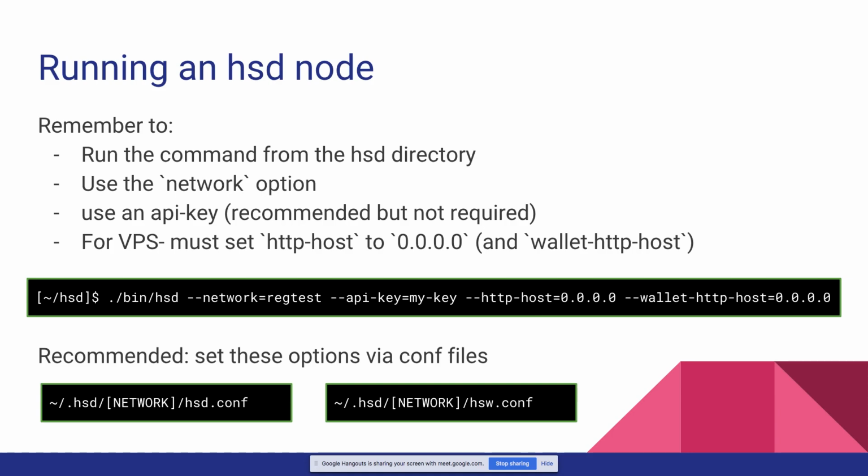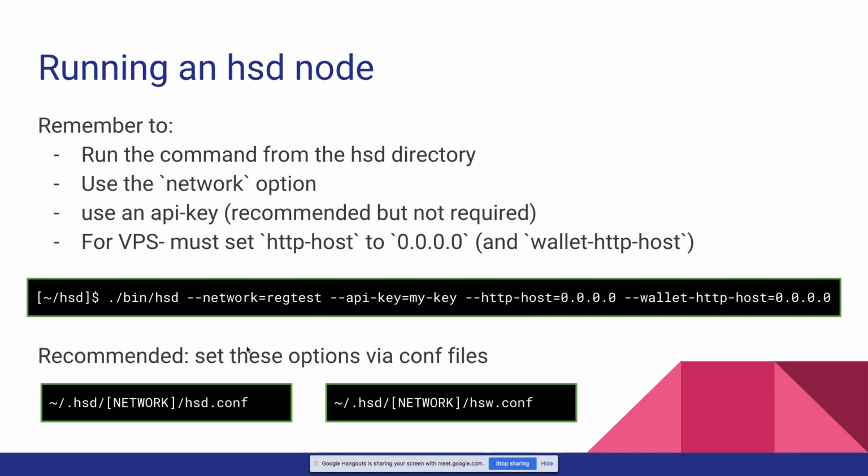Otherwise, the only way you can access and query your node is locally. So if you are running it on a VPS, you'd have to SSH in and do the commands to make requests. Not having this makes it more secure since nobody can really access it externally. But if you want to run bPanel locally to connect to your node that's on a VPS, you really need to pass these in.